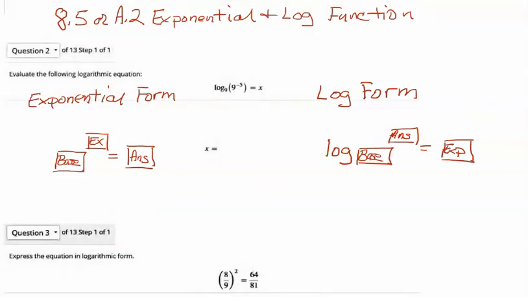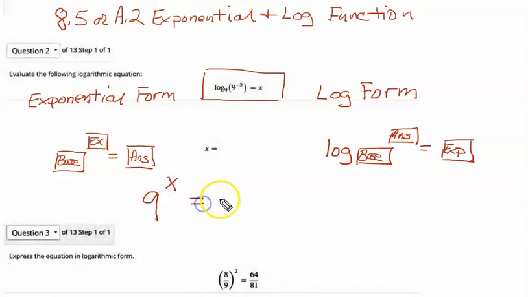Now, in example 2, they're giving you a logarithmic equation in a sense. It's in logarithmic form. The way to solve it is to put it in exponential form. So our base will be 9. Our exponent is x.